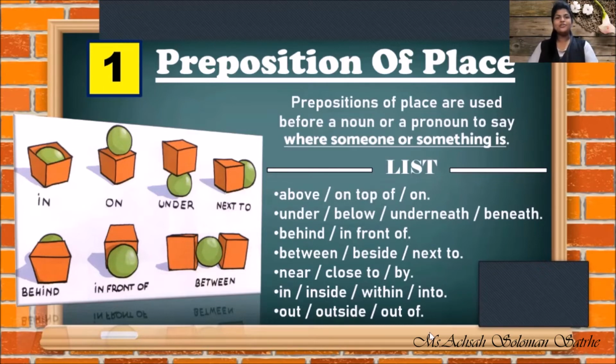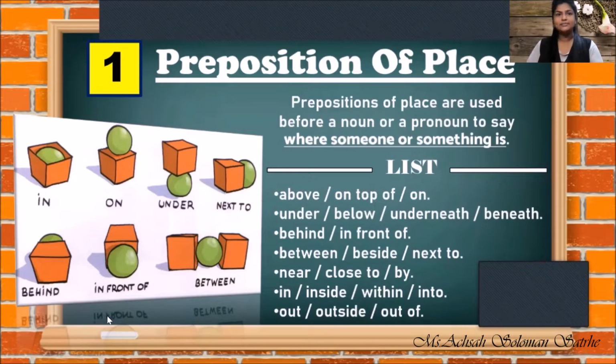Clear? Okay, so we should understand that this preposition of place is telling you where any object is placed, where it is located, where is its place. That's what preposition of place is trying to tell you all about.